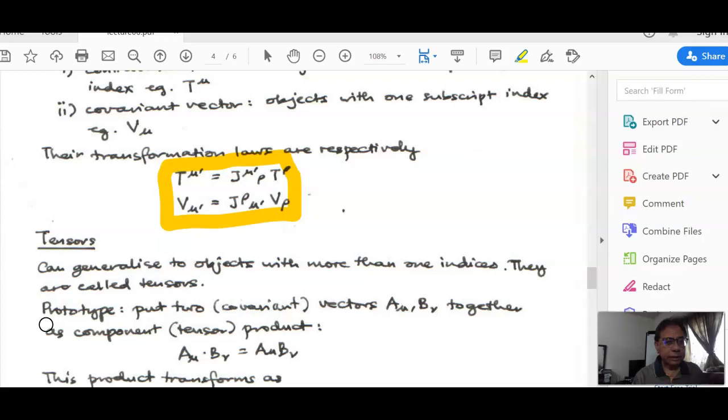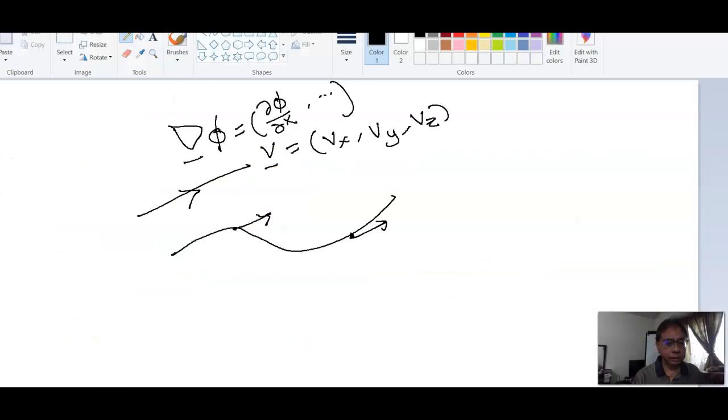The next object to think of: if I can think of a vector as a directed line segment, you might want to think of something which has two vectors associated with it, like an area given by two vectors.